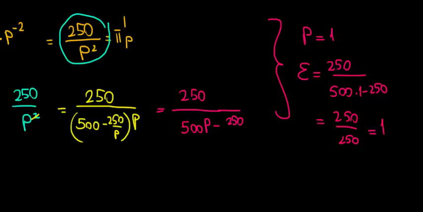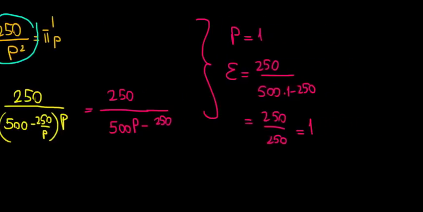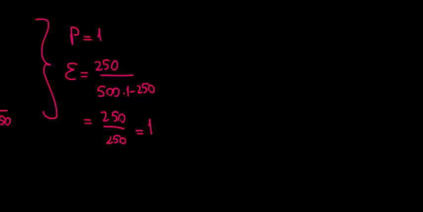Now, what was this whole thing about? This was the price elasticity of demand. And the price elasticity of demand shows us, in this case, what is the relationship between price and profit, because we wrote profit as a function of price. So if the elasticity equals 1 and elasticity shows a relative change, which is a percentage change, we want to know how price affects profit in percent.